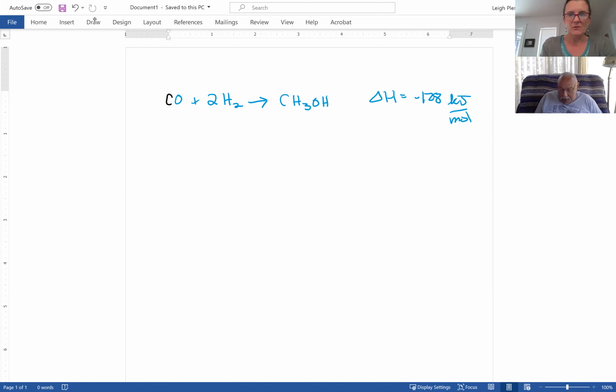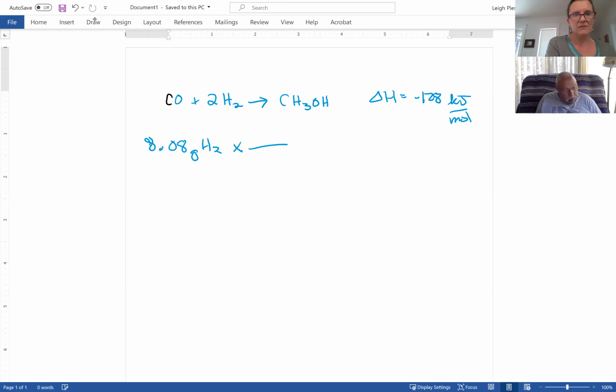So just for people who are still here and hanging in, what you'll need to do is balance this chemical equation, although it is balanced as it is, and calculate the amount of heat associated with the complete reaction of 8.08 grams of H2.